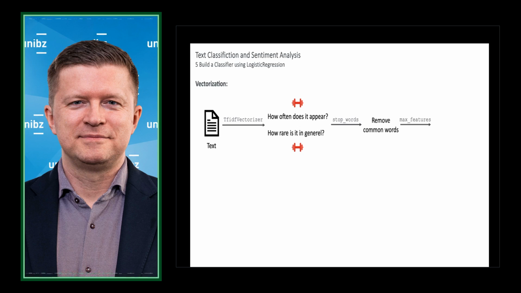And then we use max features to only focus on the most relevant words in our reviews, because the larger the data set, the higher the number of words in it that occur. So we only want to focus not on all, but only the most relevant words. And we can specify a number for that as well. It's a parameter. And that is the concept of vectorization, which we will see in a minute. Okay? This is just a little background information.